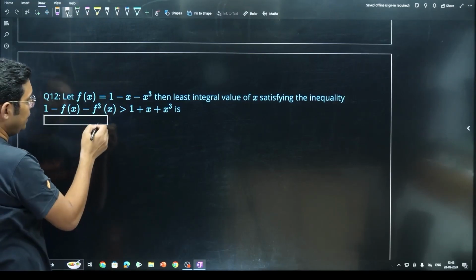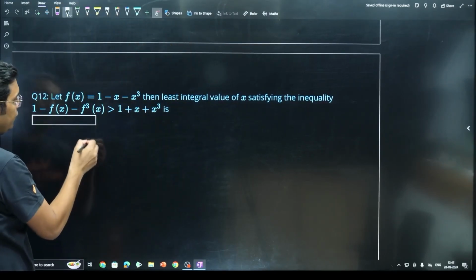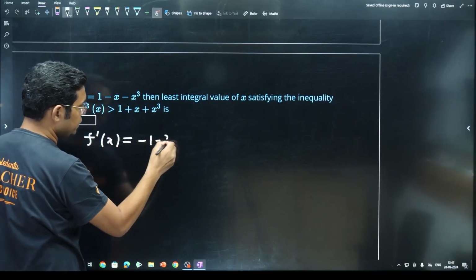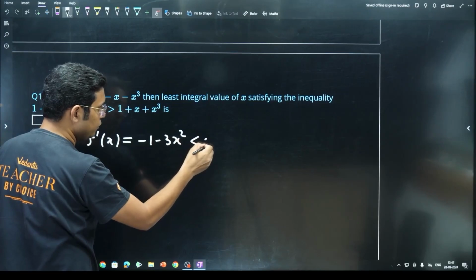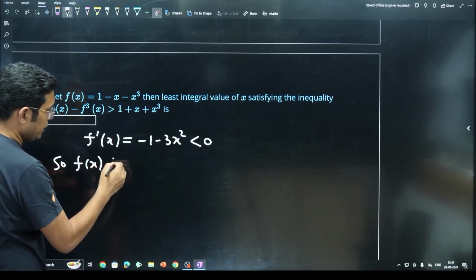Here you can see f dash x is equal to minus 1 minus 3x square. That will be negative always. So my function fx is strictly decreasing.